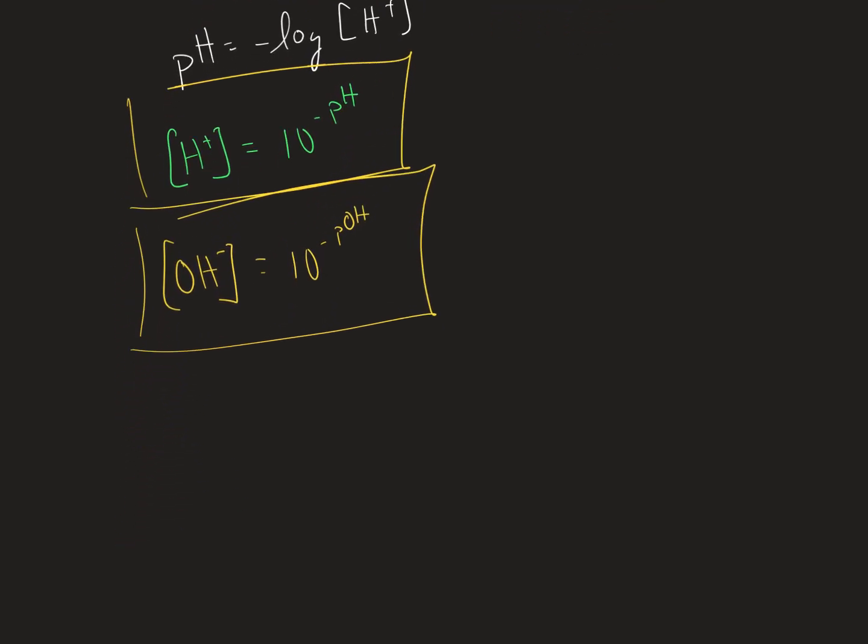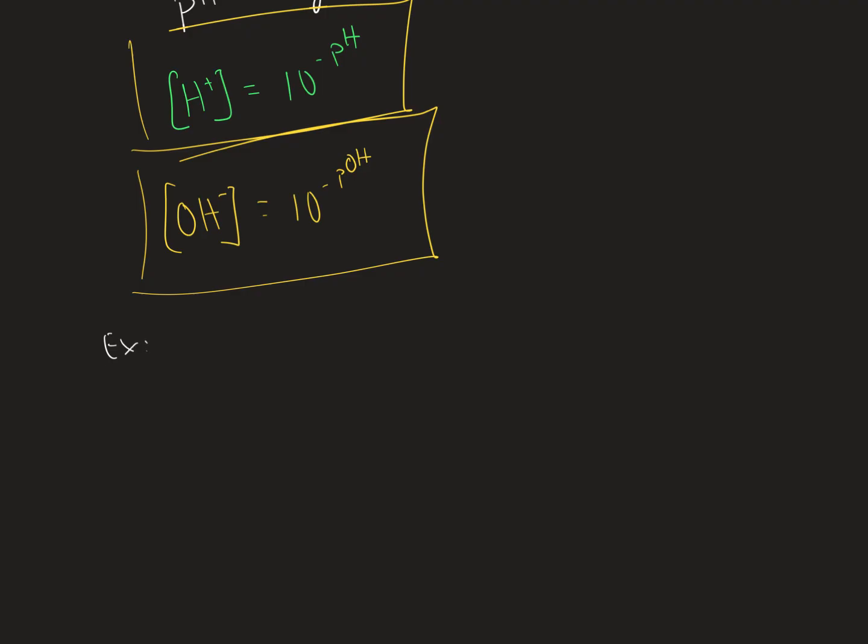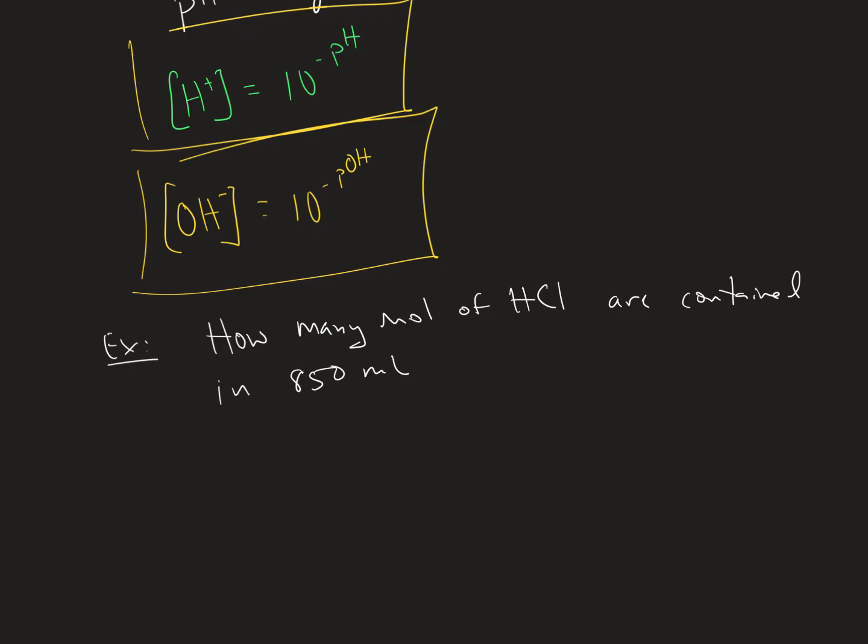Okay, so let's practice this. We good? How many moles of HCl are contained in 850 milliliters of a solution with a pH of 3.2?